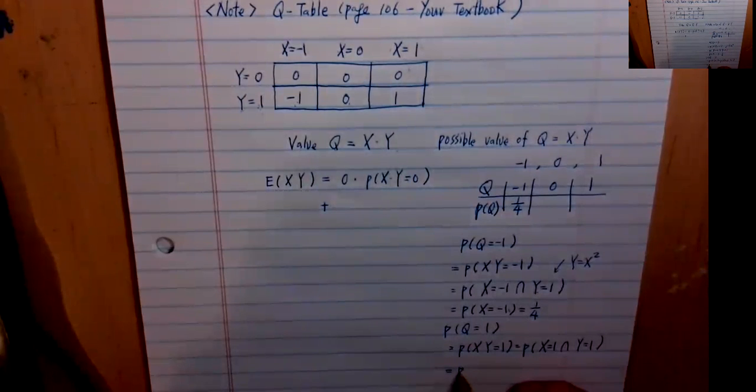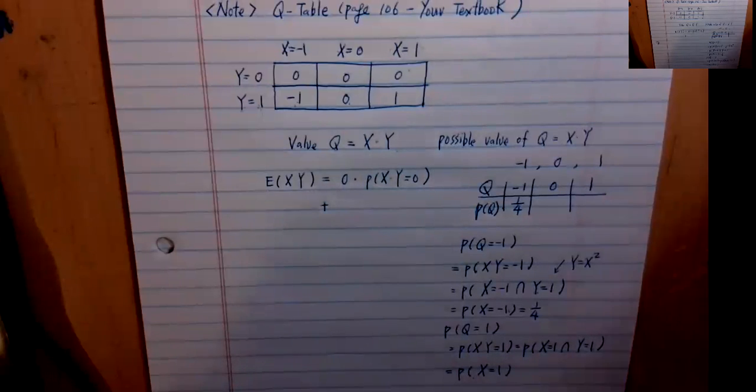And that's just the probability X equals 1, again because Y is equal to X squared. So X is 1, squared, Y must be 1. So this is X equal to 1. But what is the chance X equals 1?